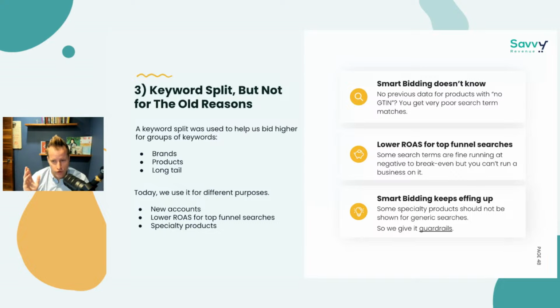It has nothing to do with what we're doing. So this is a combination of the special product and it's a new account. So we give it guardrails. We create a keyword split and say, these are the terms that if somebody's searching for anything related to our product and they're in there, then we want to bid really high. We want to give some signals to Google. So in those cases, the keyword split can work really well.